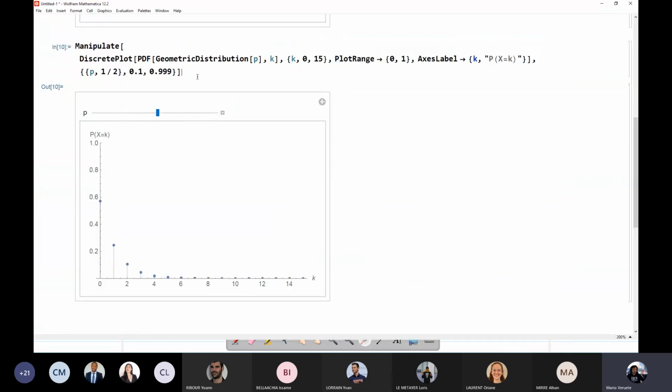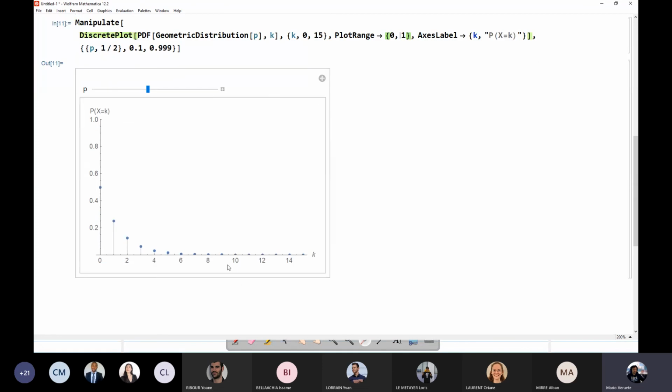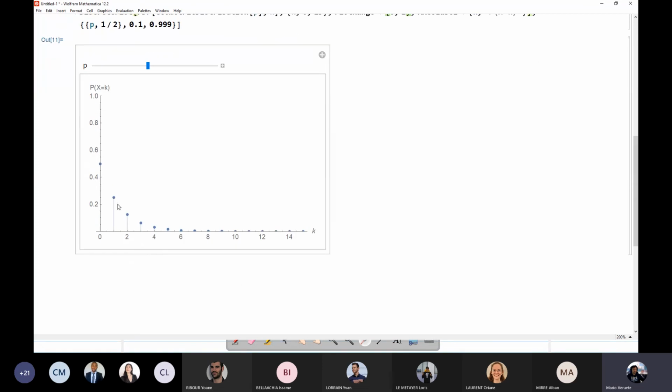If p equals 1/2, that means the probability that the first moment I get 1 when I flip my coin, well, it's much more likely to have 1 at the beginning for the first time than after 10 plays or even 100 plays. Does it make sense for you?